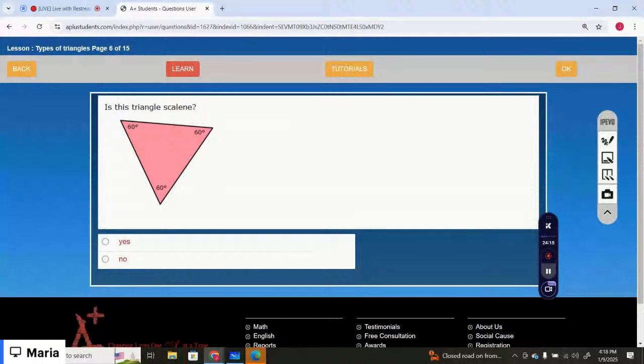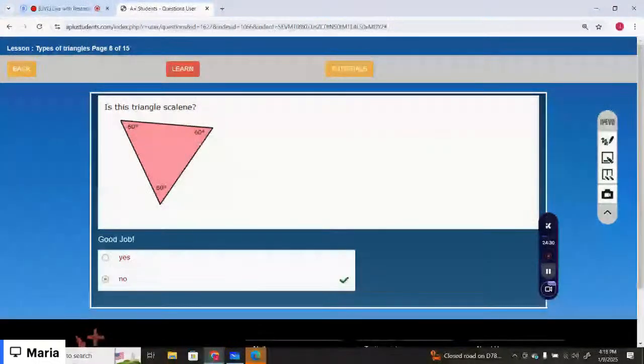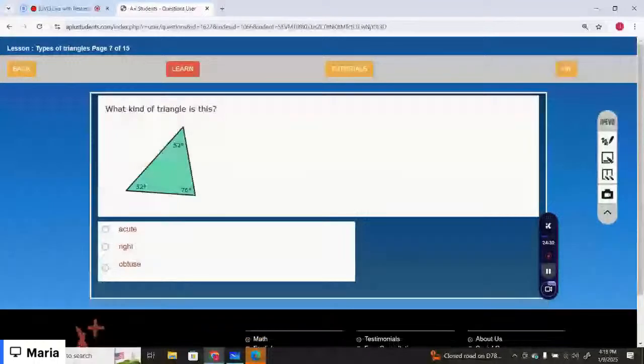Is this triangle scalene? No, that is not the scalene triangle. Scalene triangle is the one that has all three angles or all three sides different in measurement, right? What kind of triangle is this? Which is the correct option?